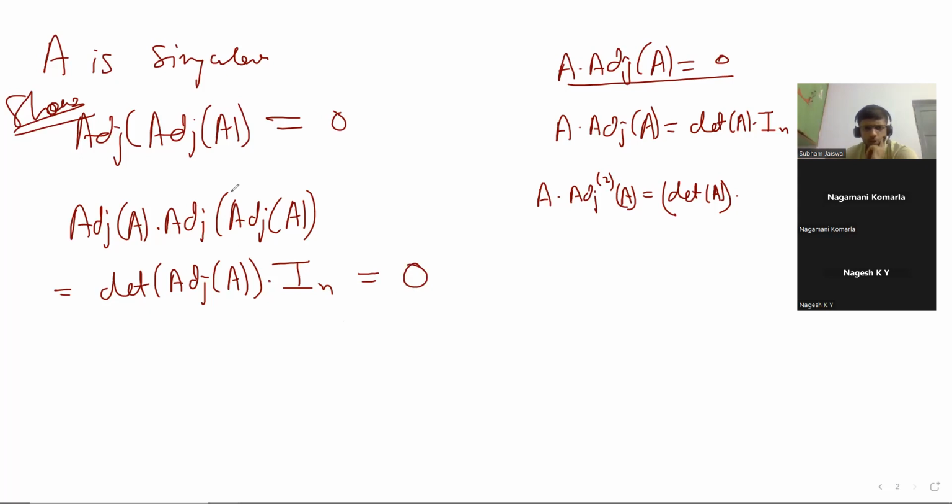Then how do you show that this is 0? The product of two non-zero matrices can be 0. So if both are non-zero, still the product can be 0. Oh yeah, I forgot about that.